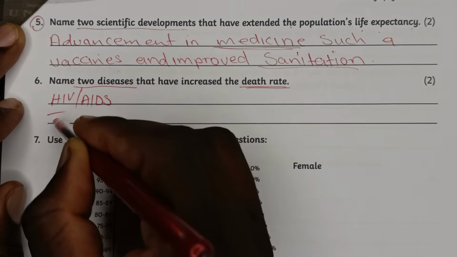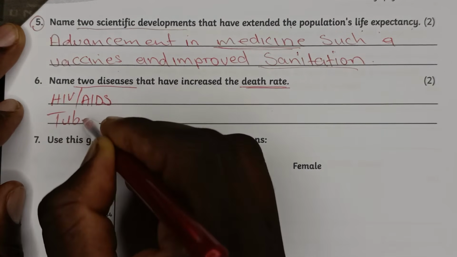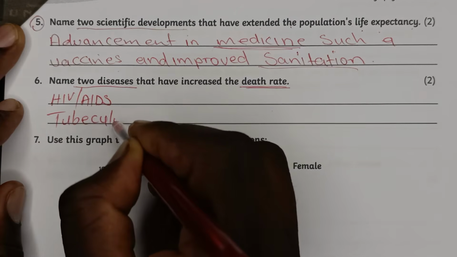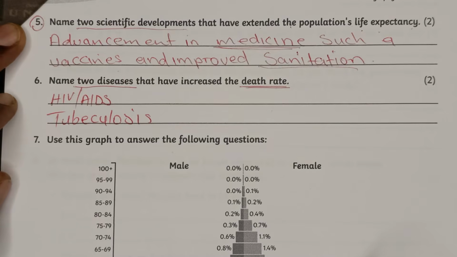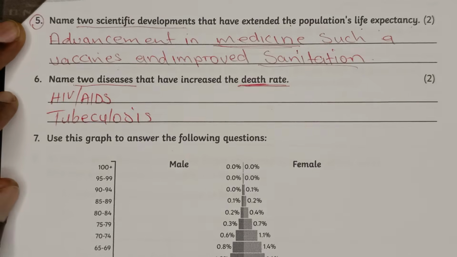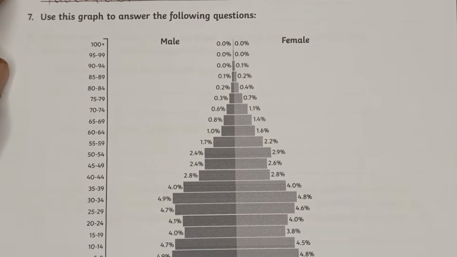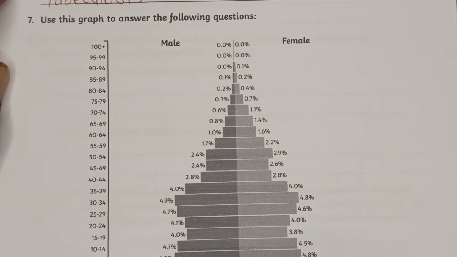The second one is tuberculosis. So these are 2 diseases that have increased the death rate. Then we go to question 7.